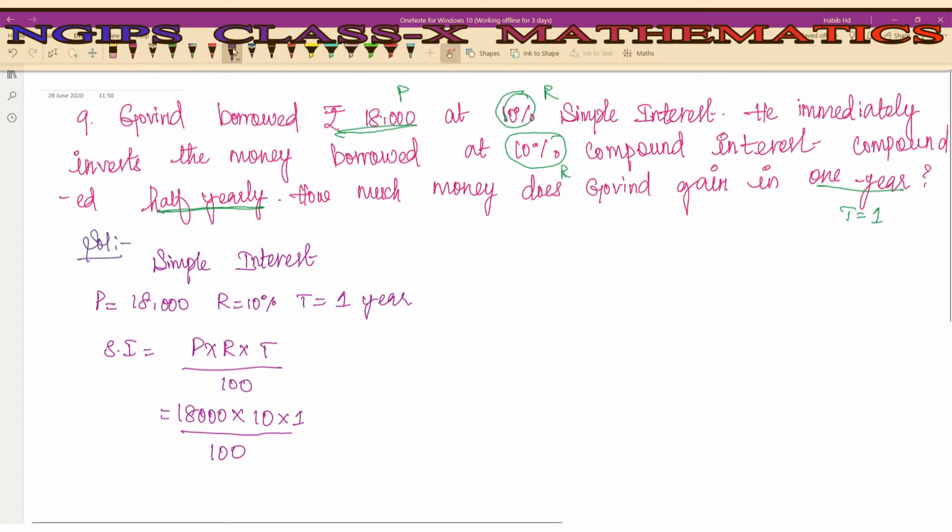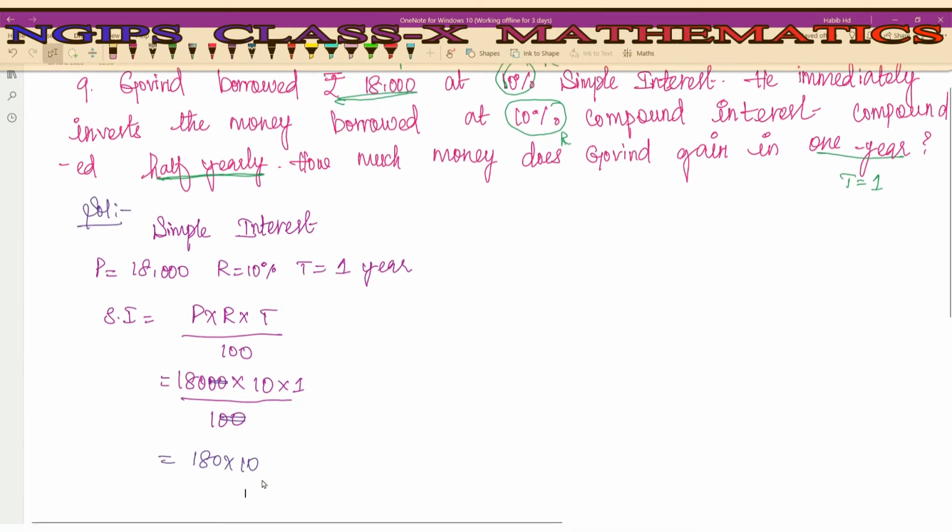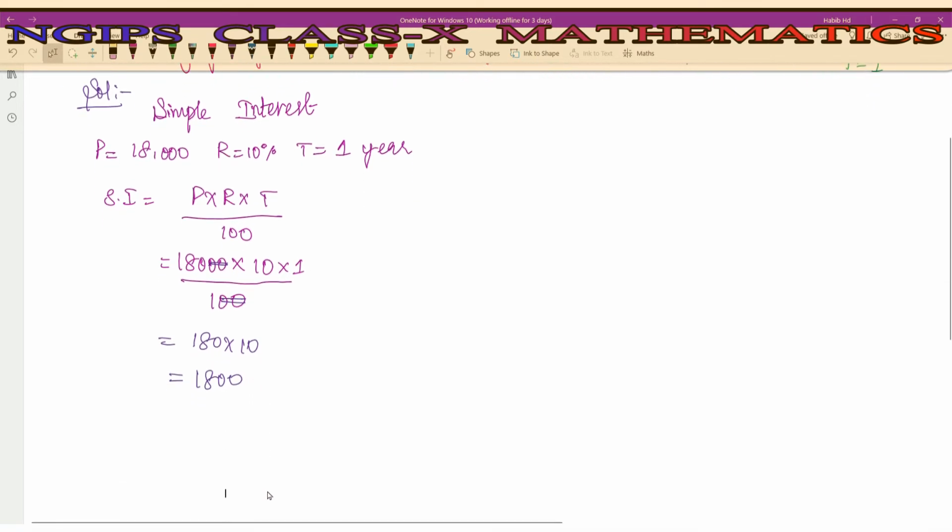Now we need to cancel the terms. So here if you check 2 zeros and 2 zeros, it will get cancelled. So the left over here 180 into 10, it is nothing but 1800 rupees. So I can write here 1800. So this is the simple interest what we got here. Simple interest, it is 1800.